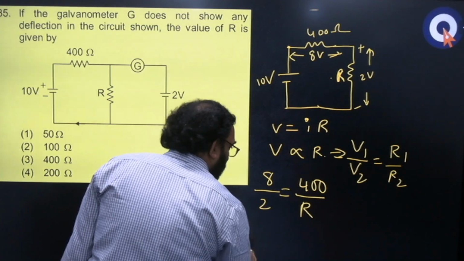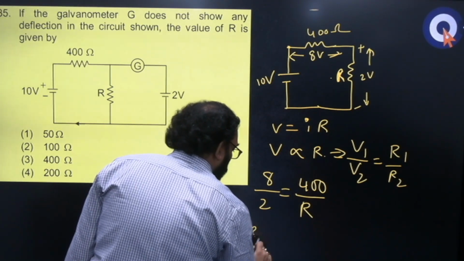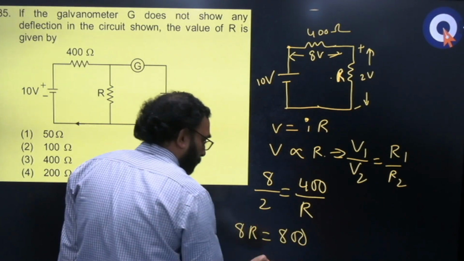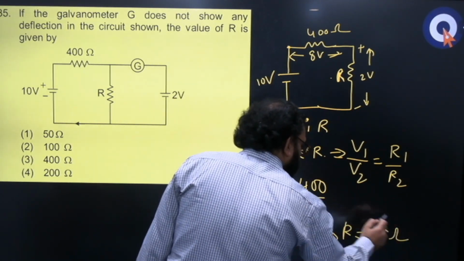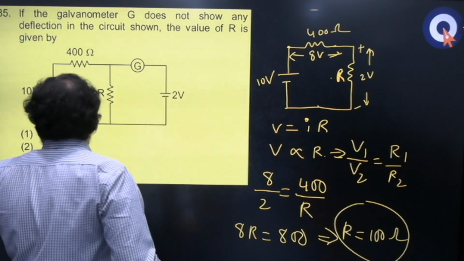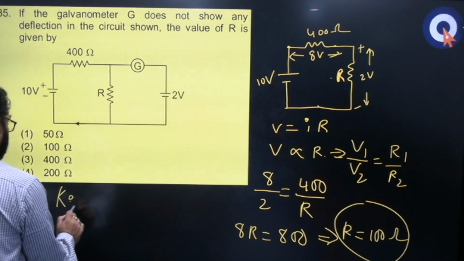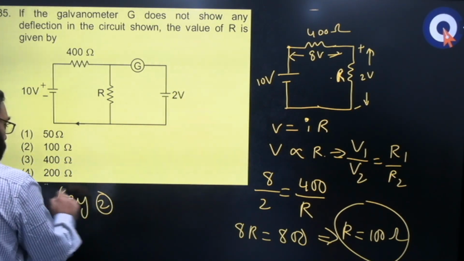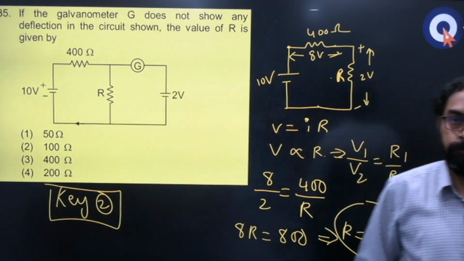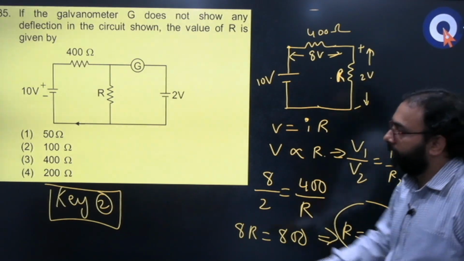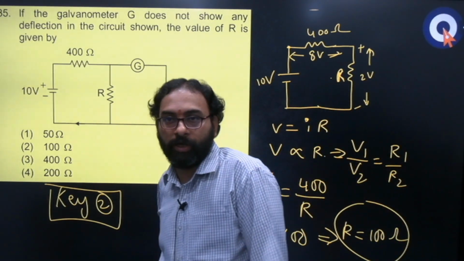So here 8R equal to 800, cross multiplication, R equal to 100 ohm. Second option, 100 ohm.